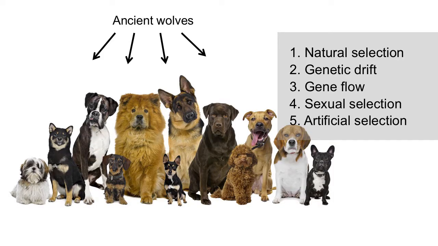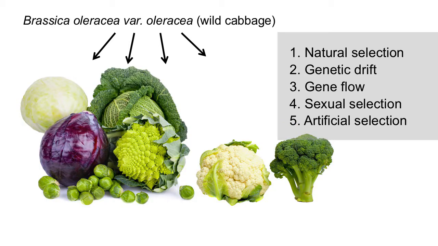And if the frequencies of alleles or traits change in a population because humans only allow those individuals to breed that have a certain allele or trait, then we call this artificial selection. Dogs evolved from ancient wolves, driven by artificial selection. Artificial selection also drove the evolution of wild cabbage into many of the cultivated kinds of cabbages.